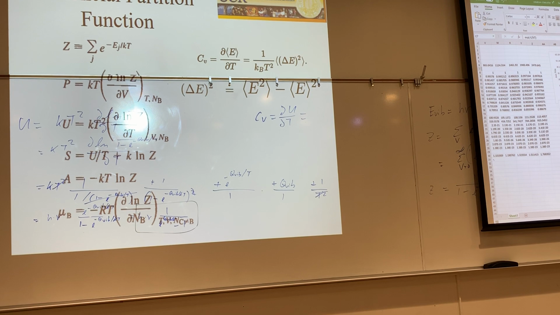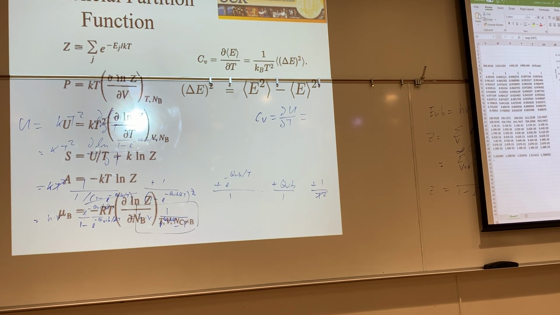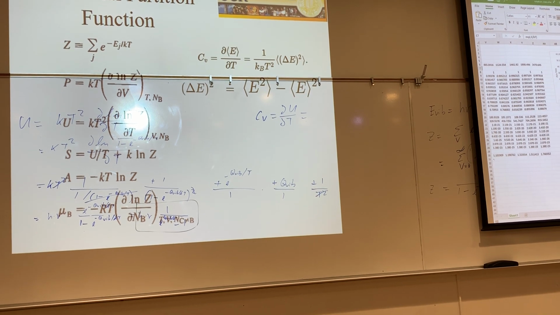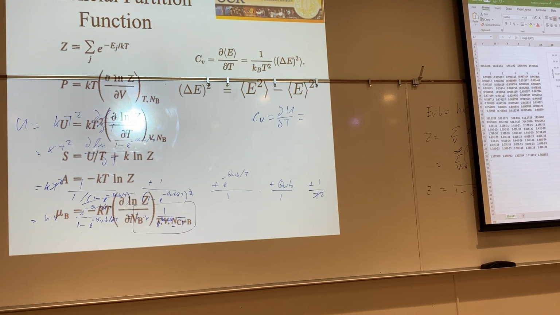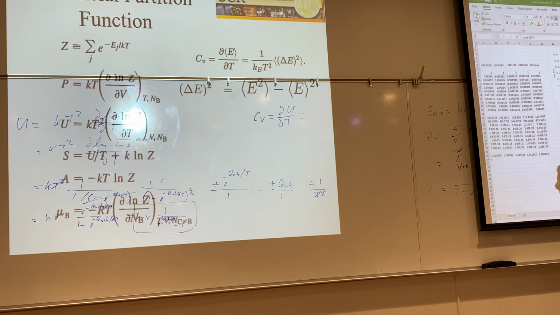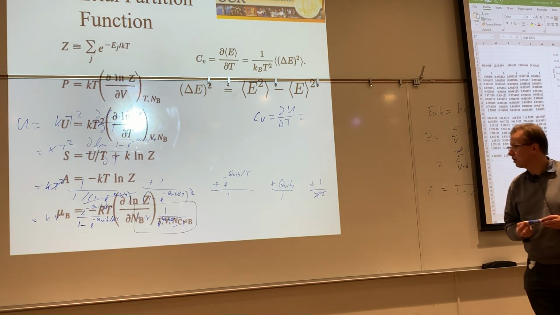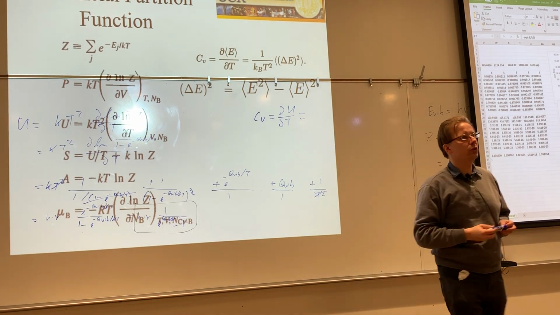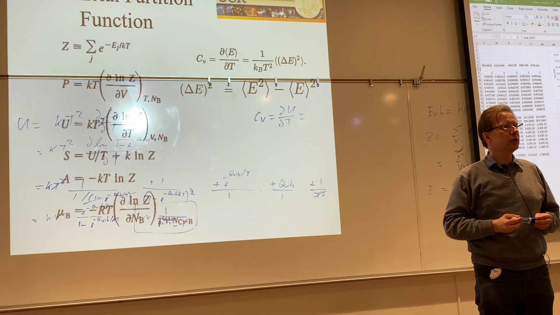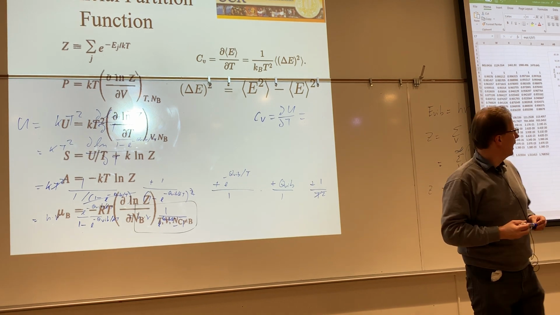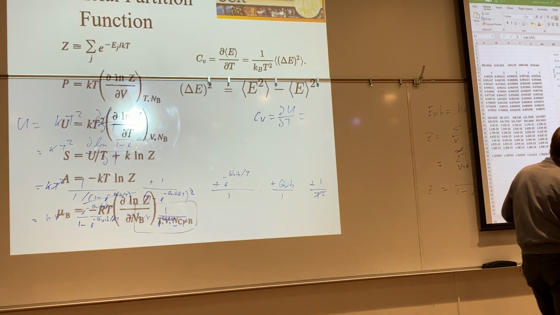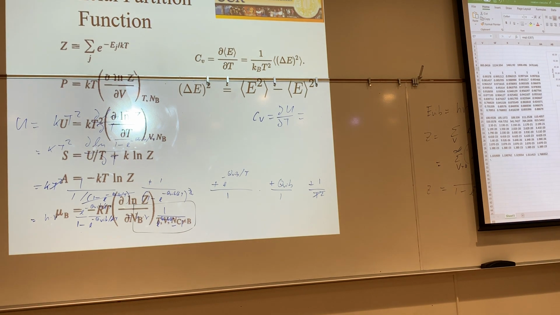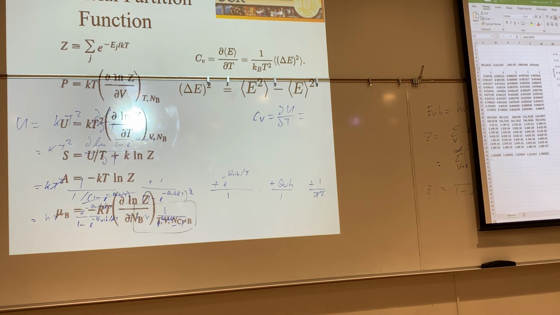So, for your homework, you will make your graph for the entropy, you'll make your graph for the heat capacity, you'll make a graph for the internal energy. You will do one more thing here, and that is the way I have set up this graph over here, I run into trouble, right?